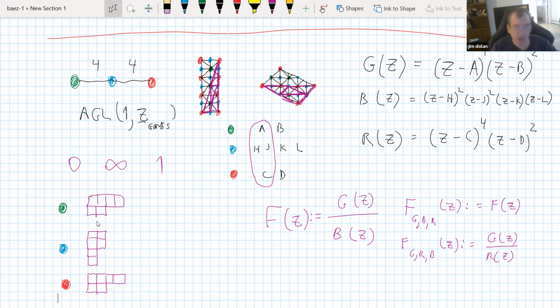But here, with these Gaussian designs, we have to face up to the fact that they have a lot of vertices of each of the three colors. So we're not dealing with polynomials. Our meromorphic functions, even in this genus 0 case, really are rational functions.